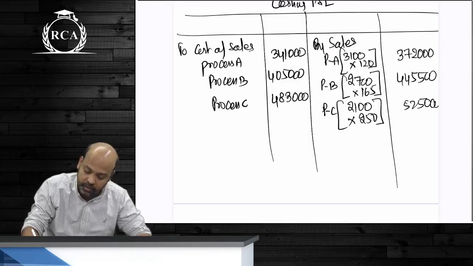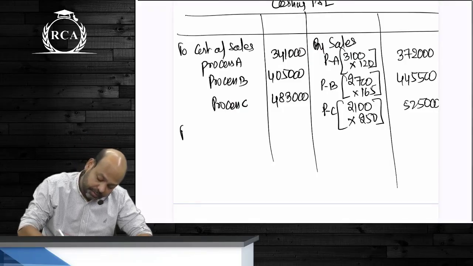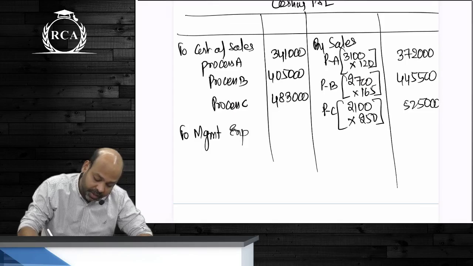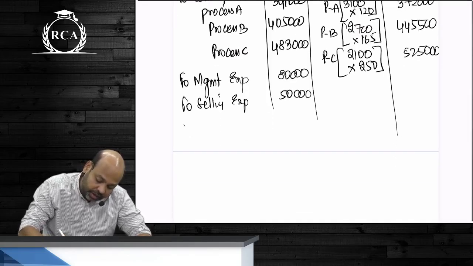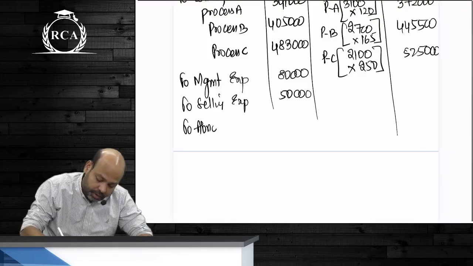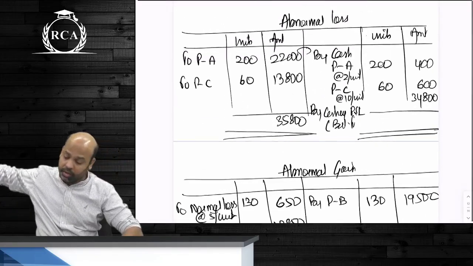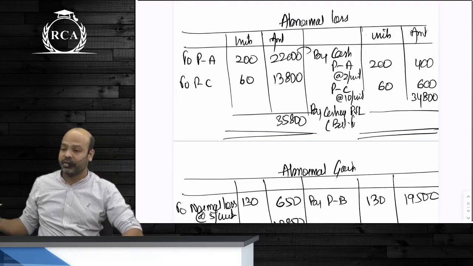20. Let's not forget, guys, there were management expenses that we have not debited to P&L account. How much is management expenses? And then there were selling expenses. 50,000 rupees. Besides this, guys, there was this abnormal loss that we have brought forward. Yes. The net abnormal loss that needs to be debited to P&L account is 34,800.